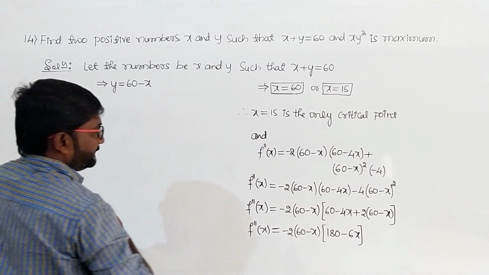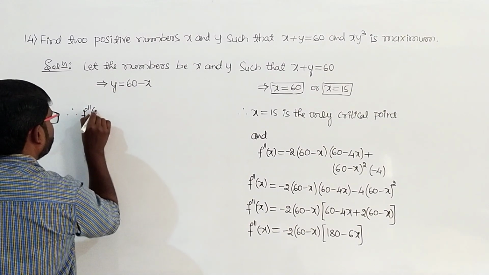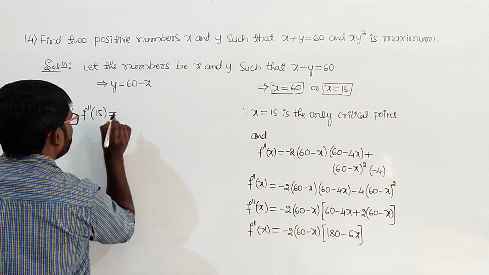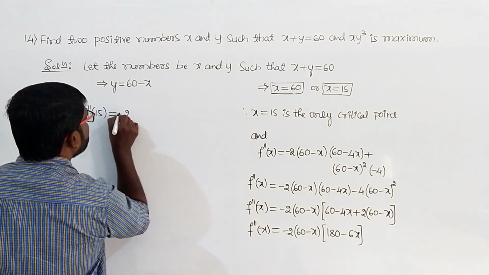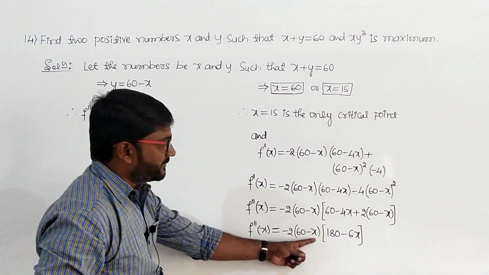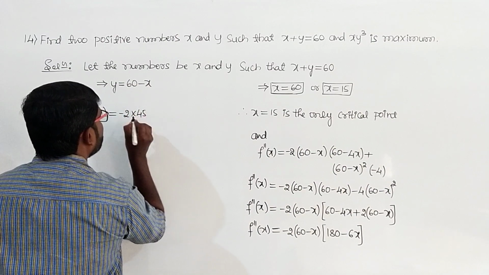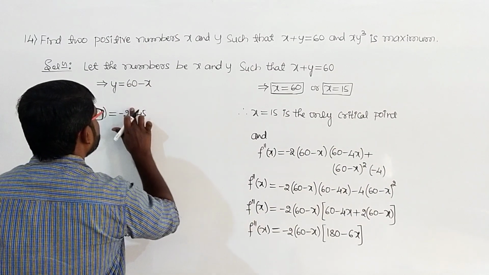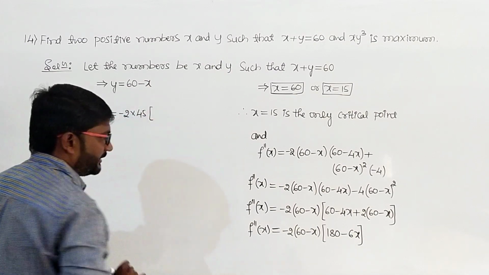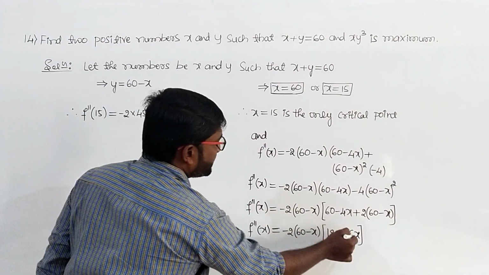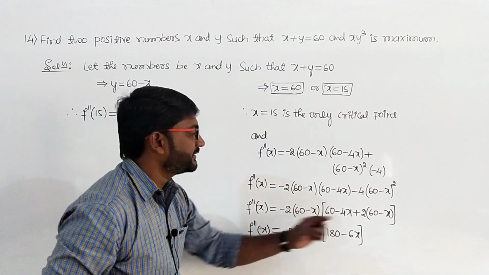Therefore I'll go for f double dash of 15. Here minus 2, then 60 minus 15 will be 45. So 2 into 45. Now inside the bracket, 180 minus 6 into 15. 15 into 6 will be 90. 180 minus 90 will be 90.